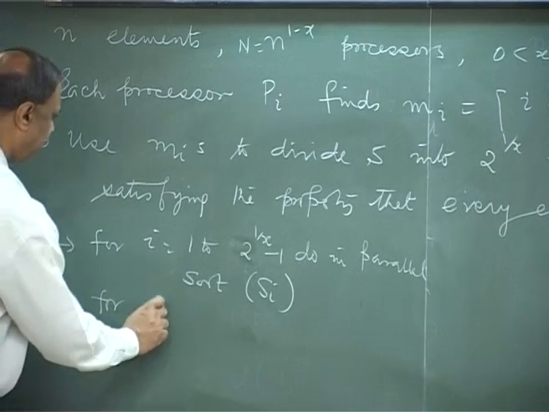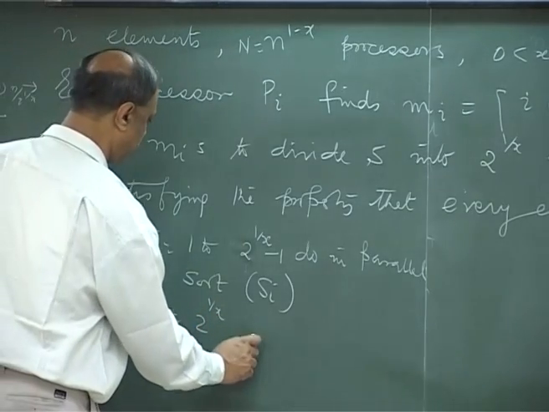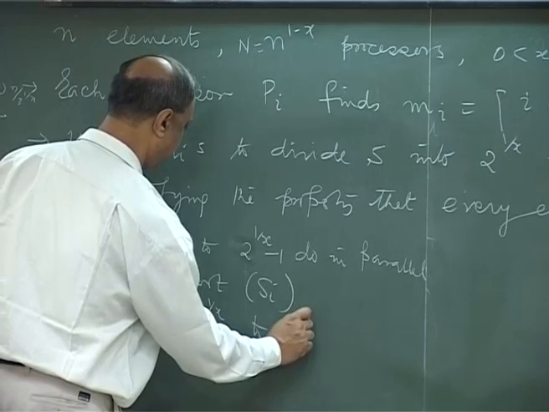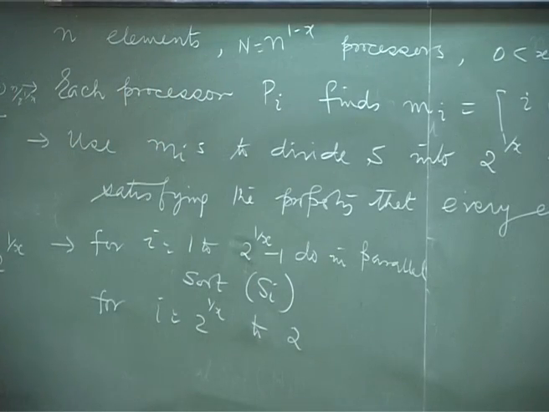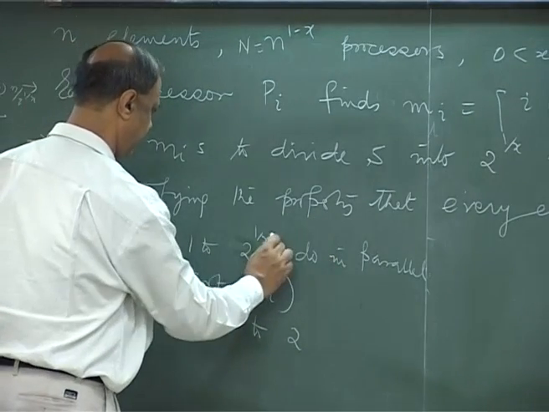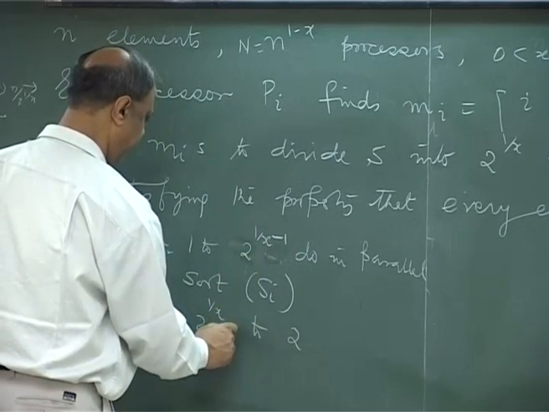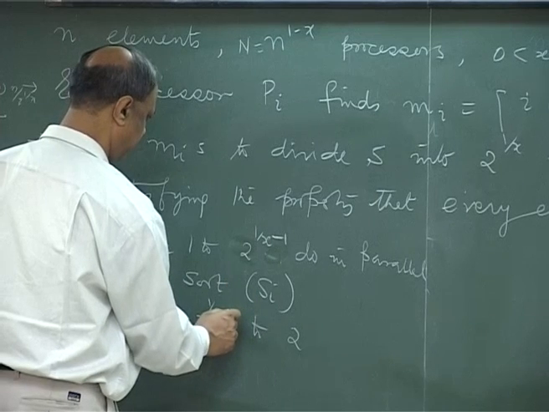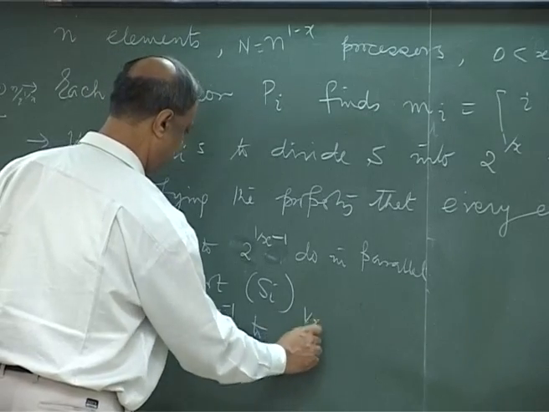Also for i equals next 2 to the power 1 by x to 2j. What is 2j? Go down here: k is 1 by x, agreed or not? Here it will be minus 1, plus 1 for this.